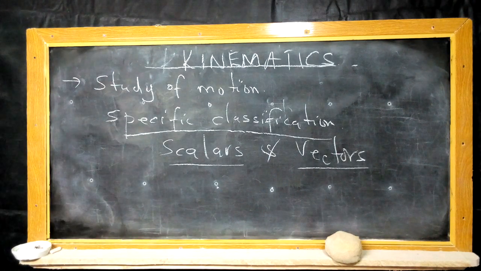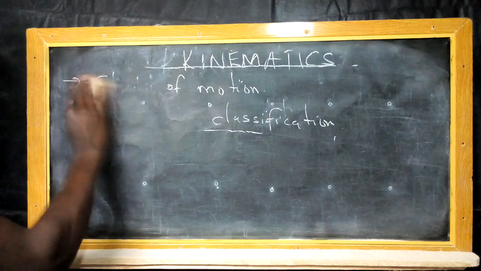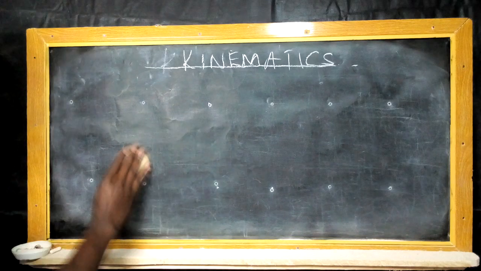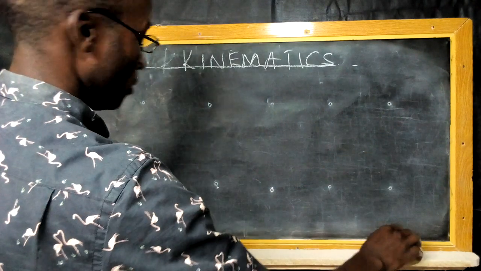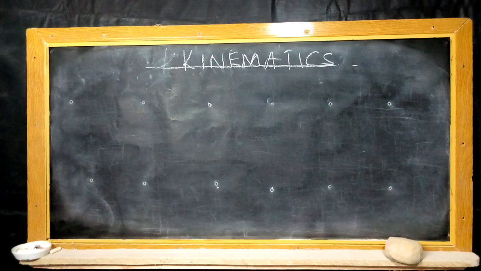So let's look at these specific terms used under kinematics, and I'll mention whether they fall under the category of a scalar or a vector quantity. Before we look at that, we have defined kinematics as a branch of physics that deals with the study of motion.